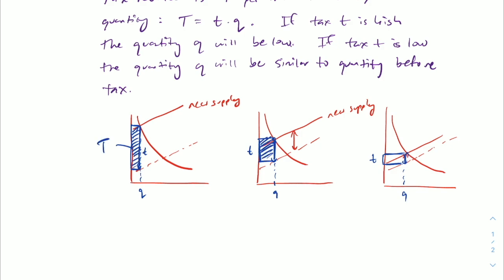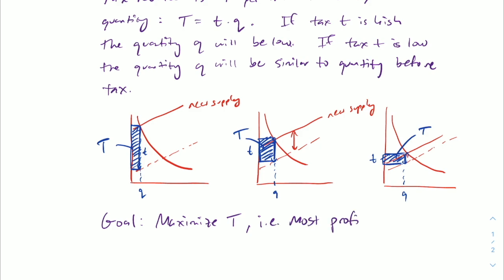And so if we want to maximize tax revenue, we want to maximize this area. Okay, so the goal here is to find the most profitable trade-off between tax amount and the quantity that results.